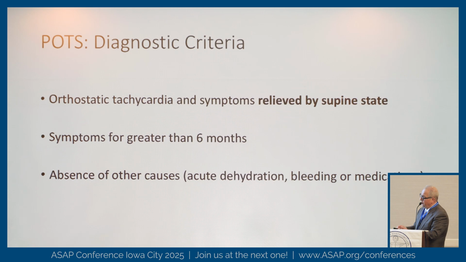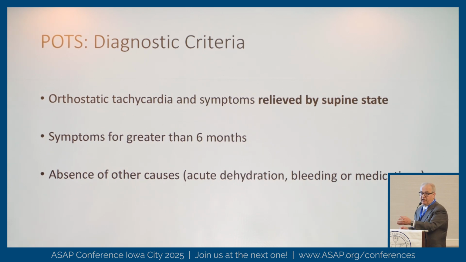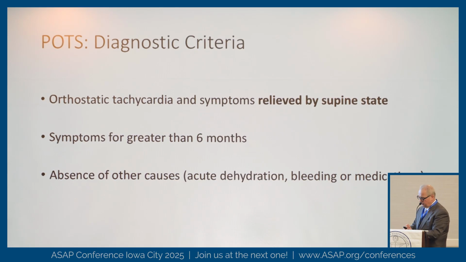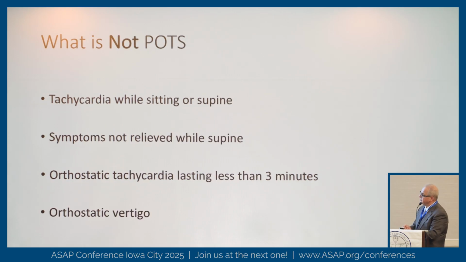And particularly, you need to make sure there are no other obvious causes. For instance, if they are very dehydrated, like they had a GI illness and got dehydrated because of vomiting, diarrhea, or if they had a surgery and bled, it is automatic to have a high heart rate. So this will not be a diagnosis of POTS.